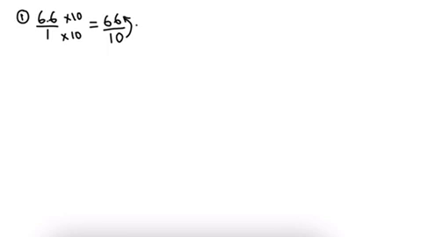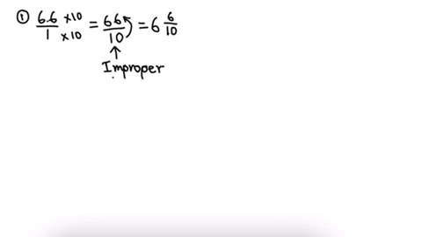So this is called an improper fraction. And to turn it into a mixed fraction, we have to first turn it into a mixed fraction, or else this is not actually the answer. So to do this, we have to ask ourselves how many times 10 fits into 66, and that would be 6 times, because 10 times 6 is 60.